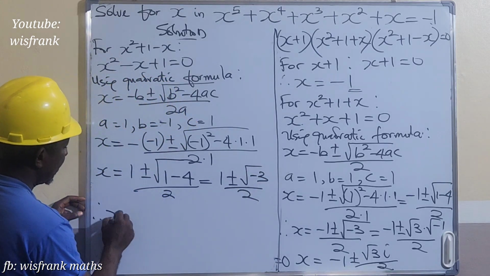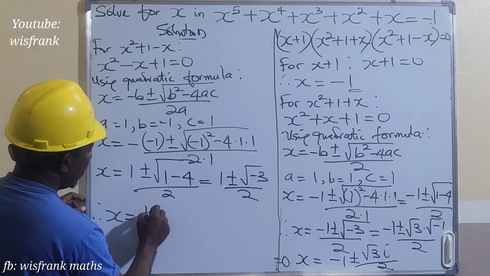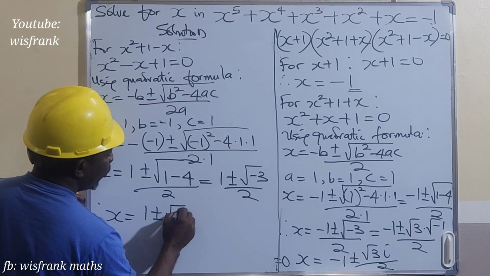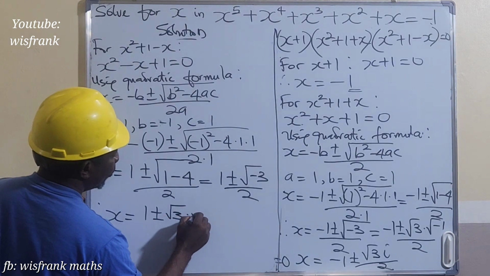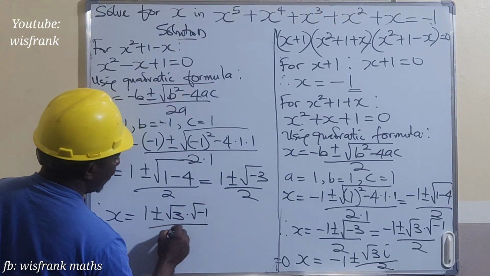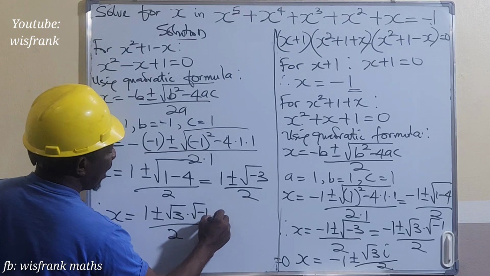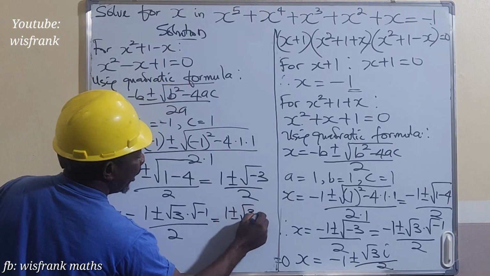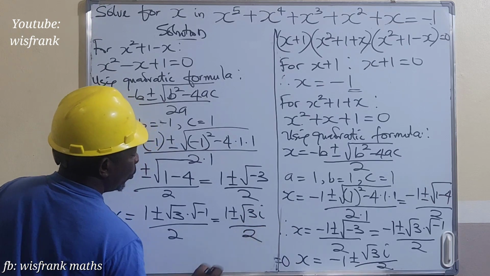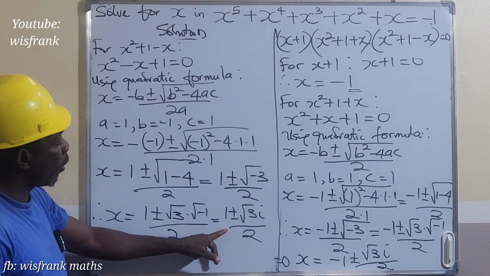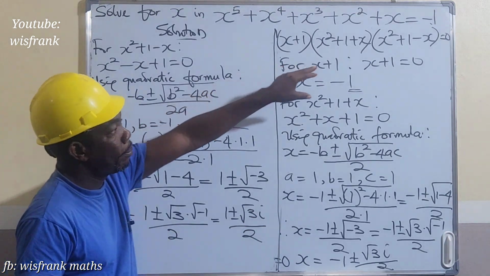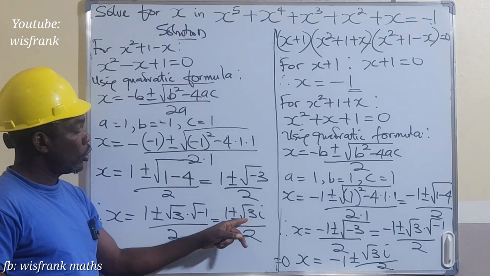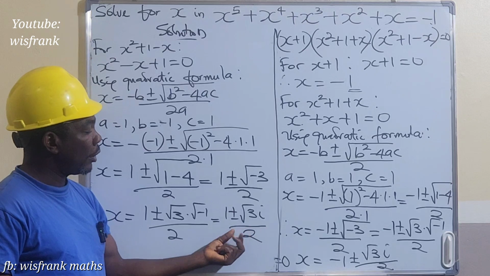Therefore, x = (1 ± √3 × √(−1)) / 2, which is the same as (1 ± √3 i) / 2. This is the value of x in the third part of the parentheses.